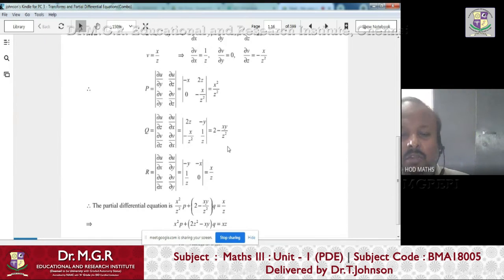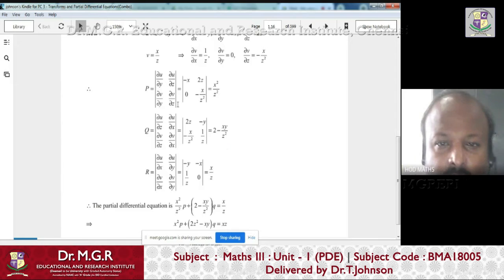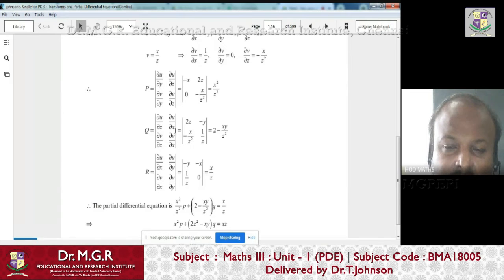So you just remember this method, or that determinant. P means u with y and z, and v with y and z. Q means u with z and x, and v with z and x. So in P there is no x, only y and z. In Q, differentiation only with respect to zx, now there is no y.